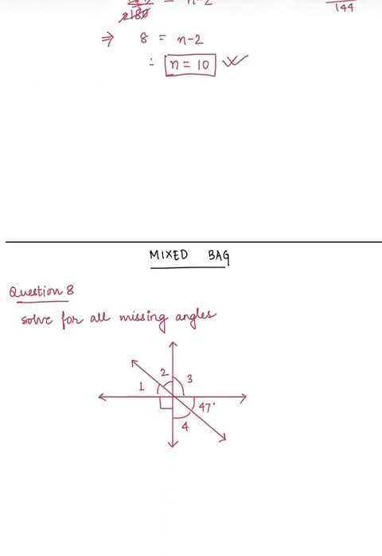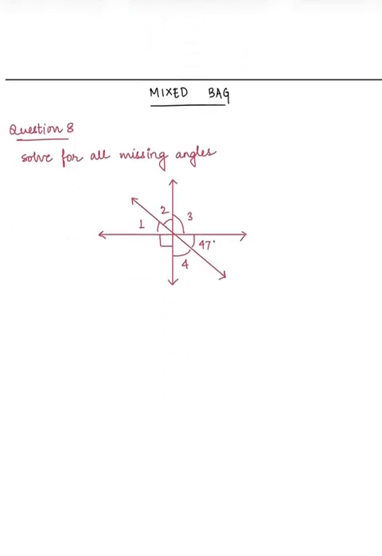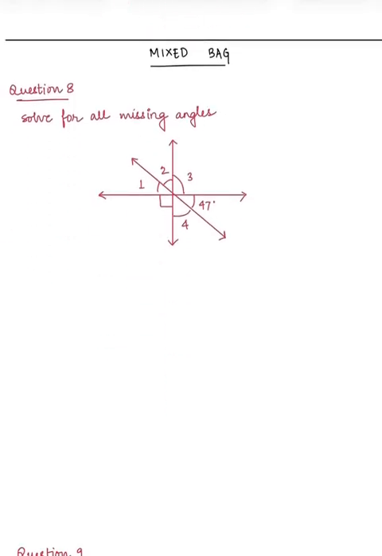Let's try and solve some mixed bag so that we can revise all the concepts together. So we have to solve for all the missing angles over here. Now this sign essentially means that it is 90 degree. Okay, so the first thing, which is easiest, we see this is a straight line, right?